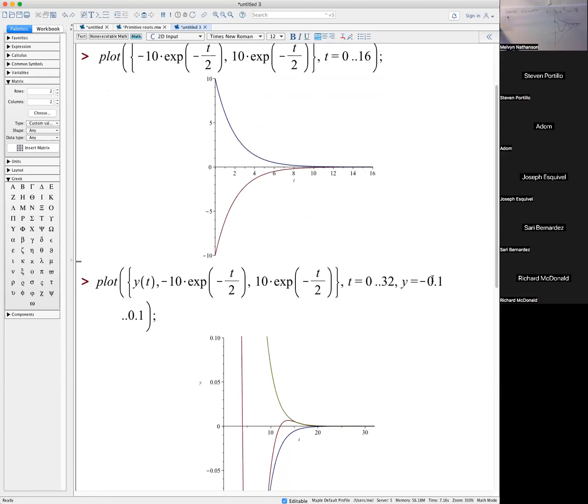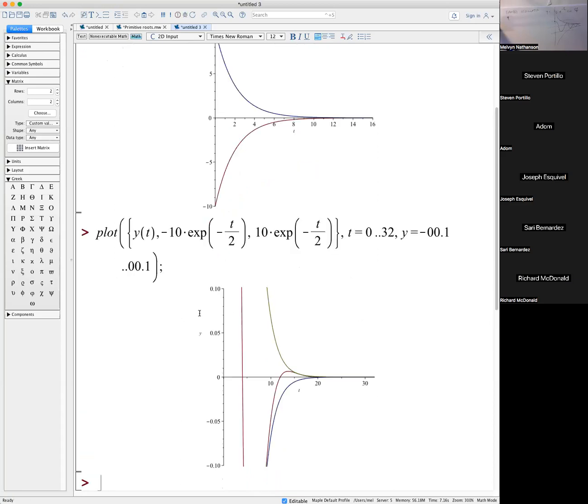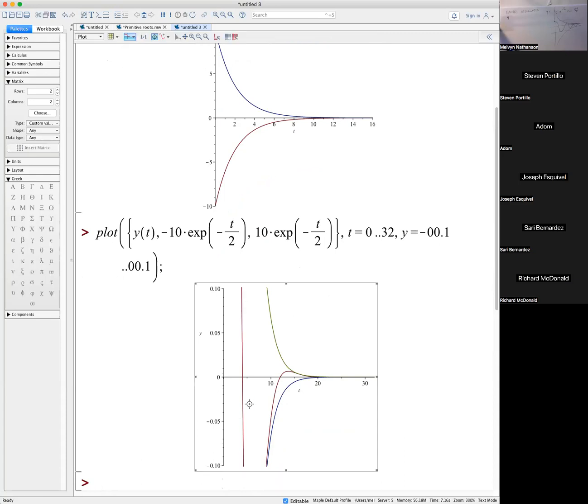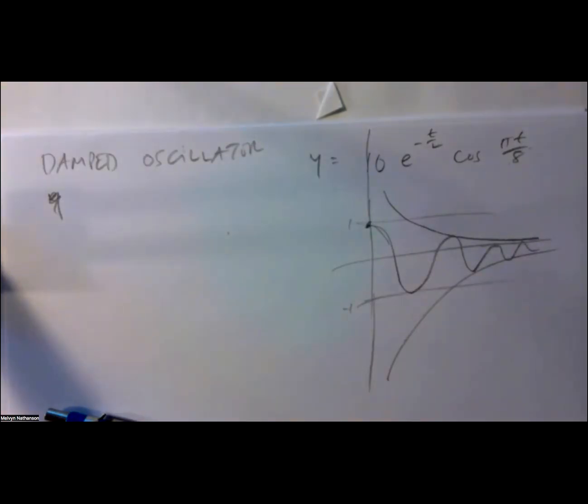It's too bad. Experiment with one other thing. So here, the green and the blue are the exponential curves, and the red is coming down and up, and it's oscillating in there, but it's getting so small so quickly that it really dies out very fast. So the picture is extremely interesting.